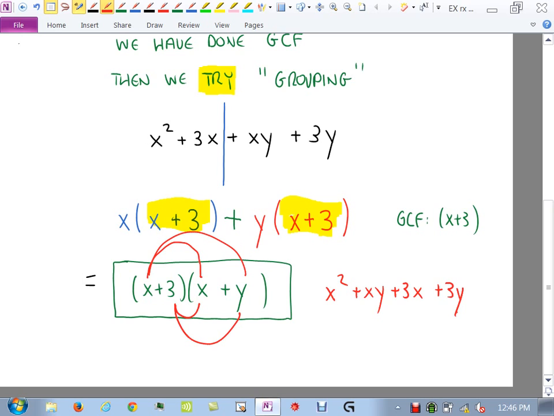How many of you have seen grouping before? 2, 3. Let's try another. How about 6ax minus 6ay minus x plus y?